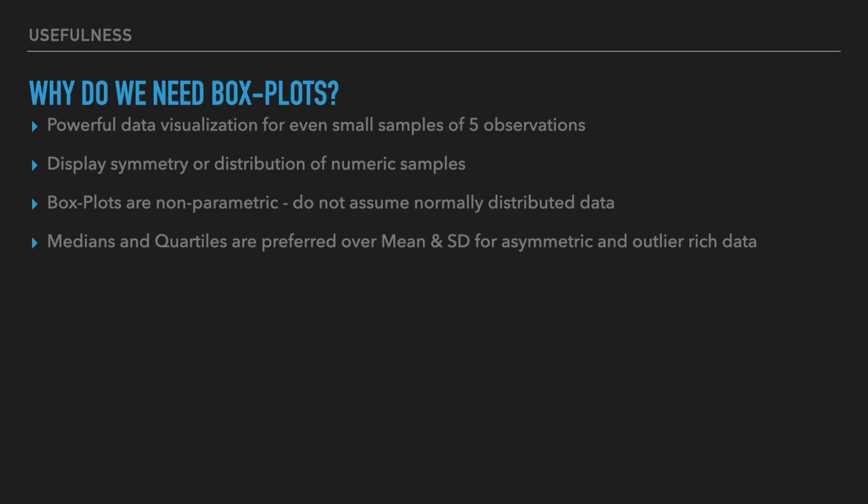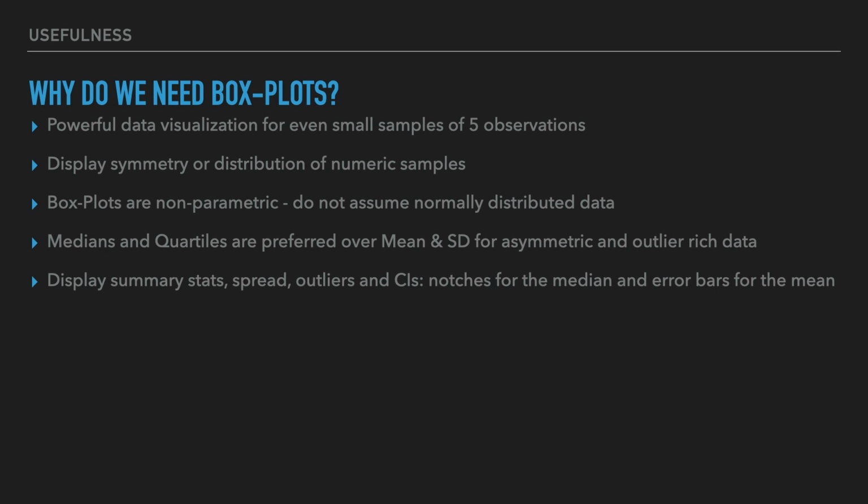And besides, medians and quartiles are preferred over the mean and standard deviation for asymmetric or outlier-rich data. The box plots can also display summary stats, disparate outliers and confidence intervals, for example, notches for the median and error bars for the mean. They also compare and illustrate the statistical difference between groups.